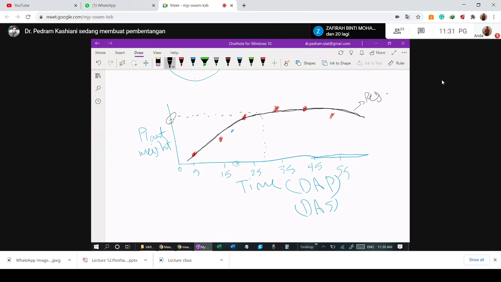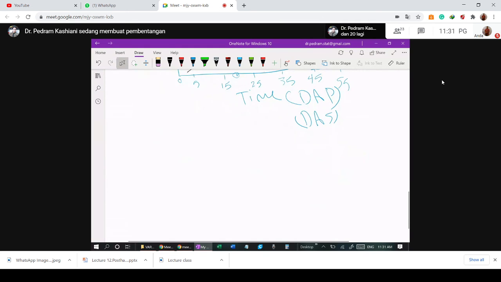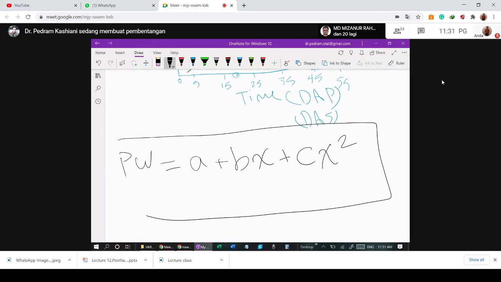So you can understand. And because this line has an equation, you have a line equation. For example, for this one, go up and after a while go down. So this is plant height, or plant weight, sorry, is equal to A plus BX plus CX squared. Okay, what is X?